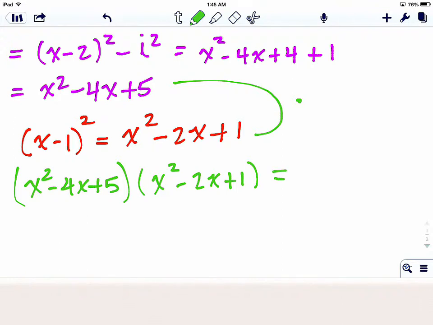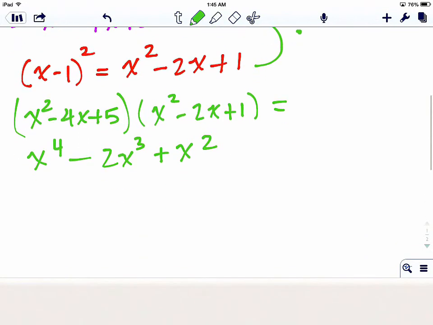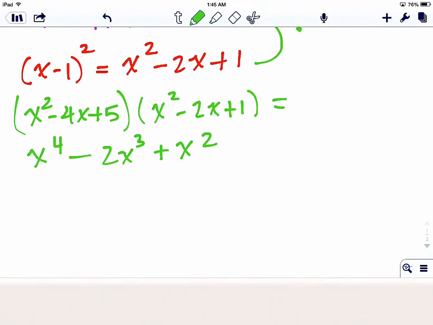Multiplying all that together, it's going to be long. We have to distribute the x squared to each of the three terms. So that's x to the 4th, and then minus 2x cubed, and then plus x squared. And I'm going to stack here so that I can keep track of the corresponding powers.